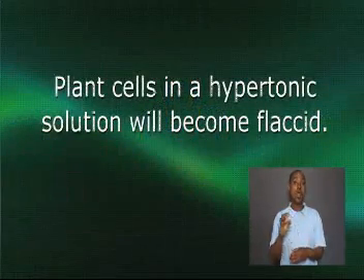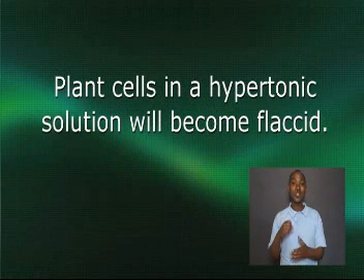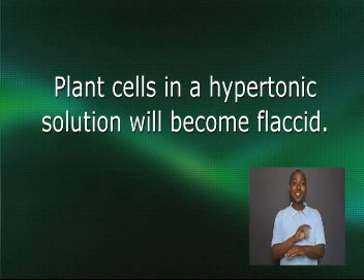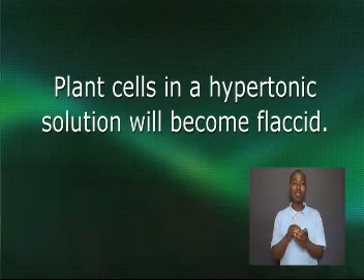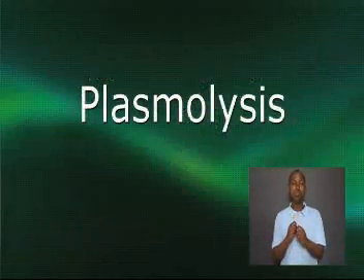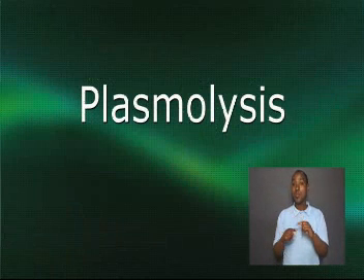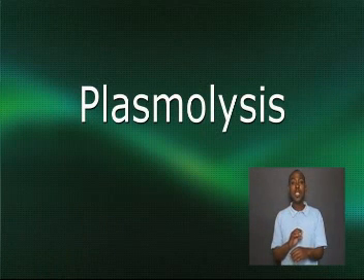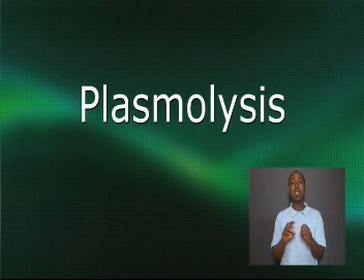The cell becomes flaccid, meaning limp and less rigid. If water continues to leave the cell, the vacuole shrinks and eventually the cytoplasm will pull away from the cell walls. This causes the cell to reform into a state called plasmolysis.